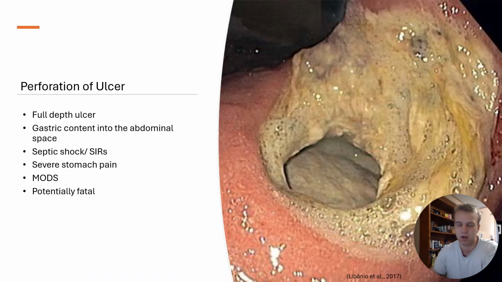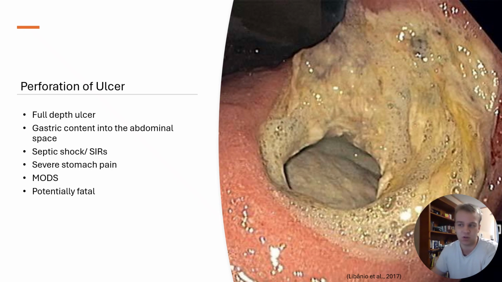A really bad complication that can occur is perforation of an ulcer. That's the full depth of the ulcer going right through the peritoneal layer, and then you can get gastric content into the abdominal space, which is really not good.